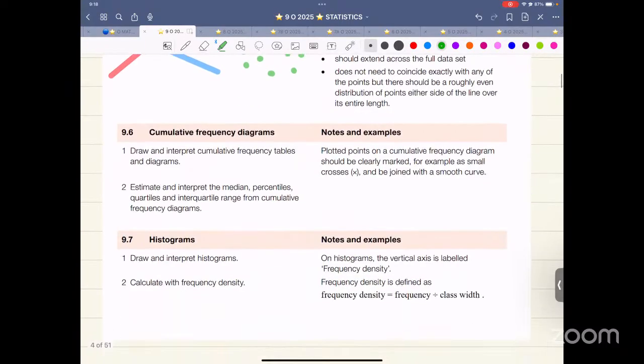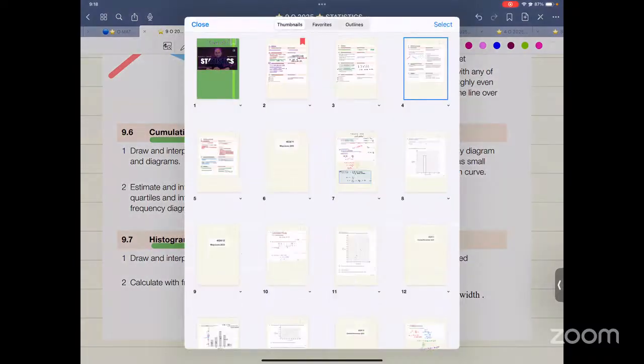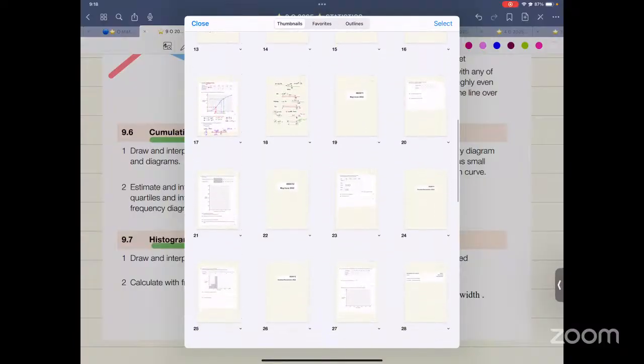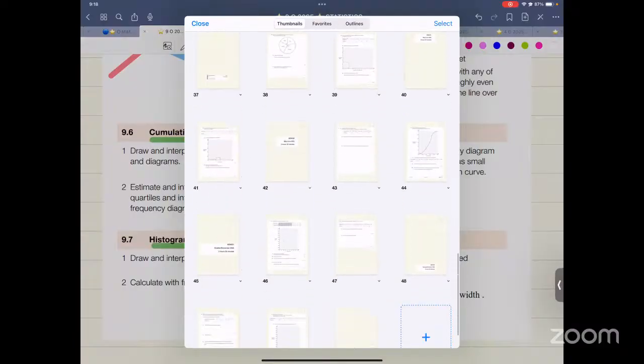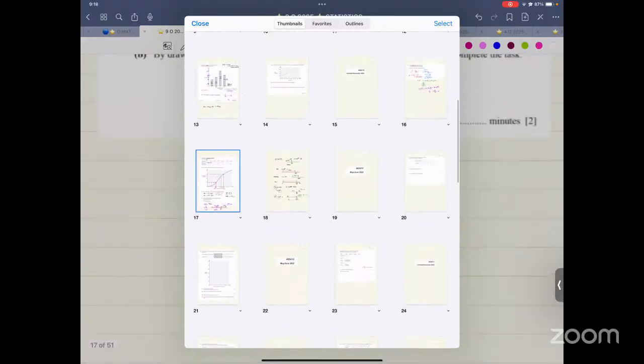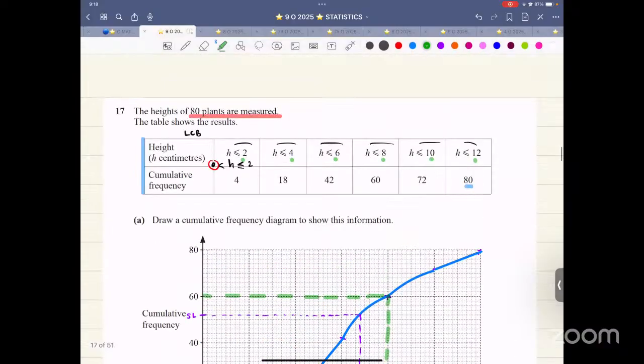Cumulative frequency, we all know, and histogram, we all know. So now what we can do is, whatever we have studied so far, let's go to a particular paper, or maybe more than one paper, and let's see if certain questions are already there. For example, over here, you can have a look at this.